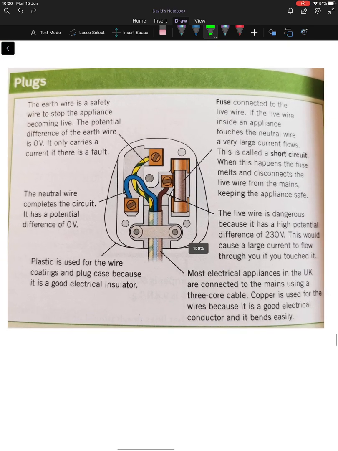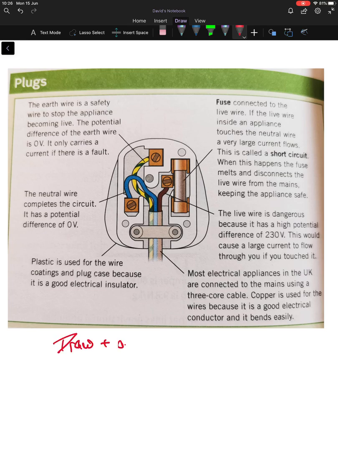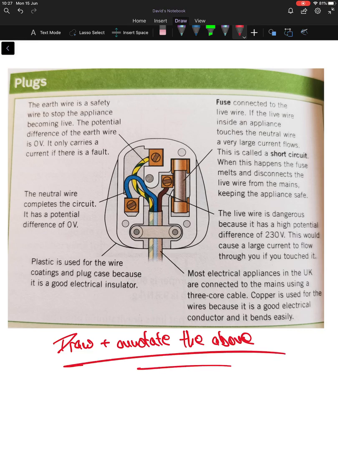And then another thing you should do for me now is turn to your notes page and pause it. And I'd like you to draw and annotate the above plug. Because it's important for you to be able to recognise the inside of the plug from a diagram. So as you see, we've got our green and yellow cable, which is our earth wire.